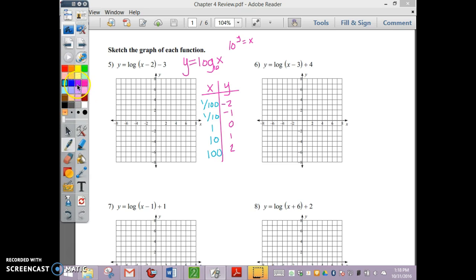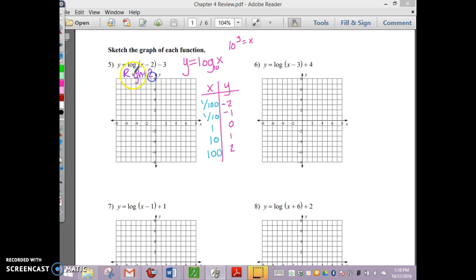Now this graph is transformed right 2, down 3. So I'm going to take all my x's and move them to the right 2, so adding 2 to them: 2 and 1/100th, 2 and 1/10th, 3, 12, and 102. For my y's, I'm moving them down 3, I'm subtracting 3.